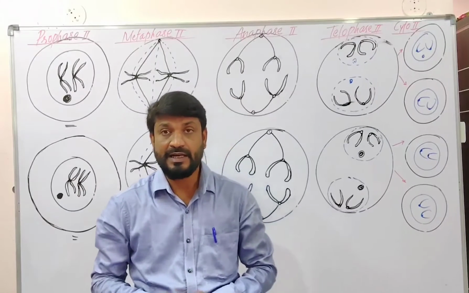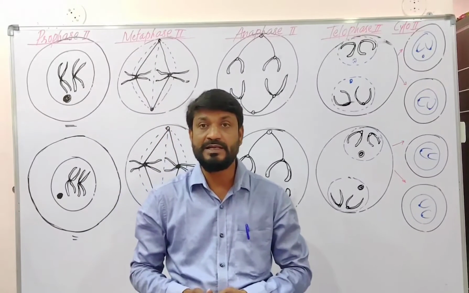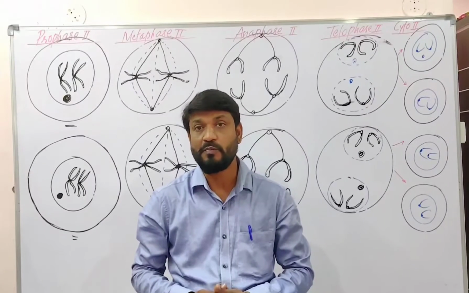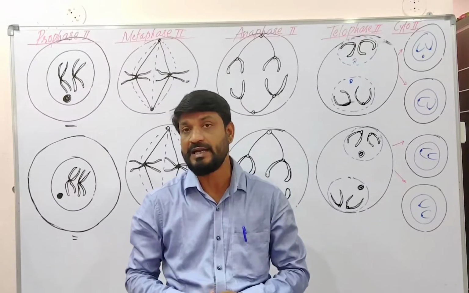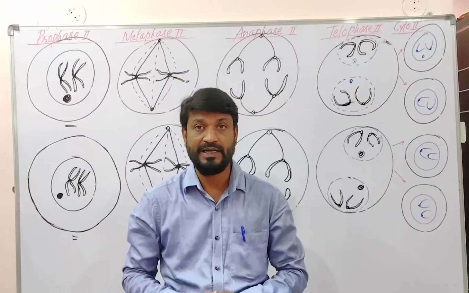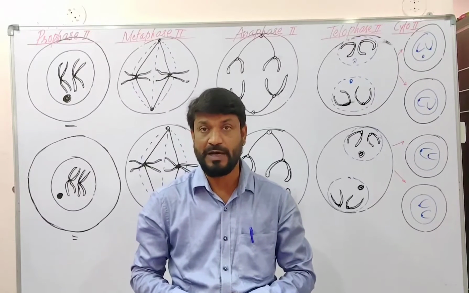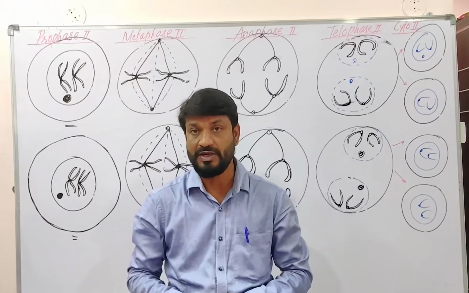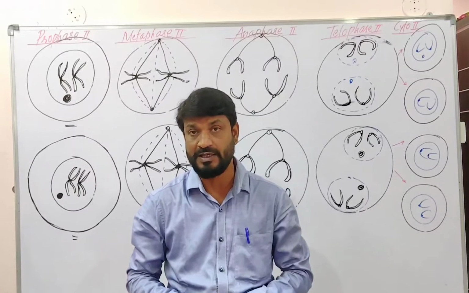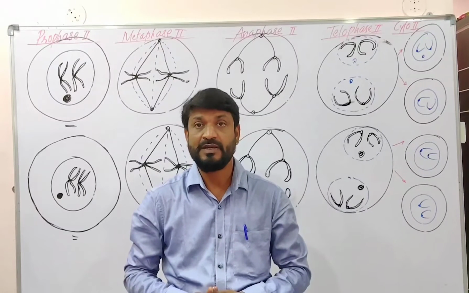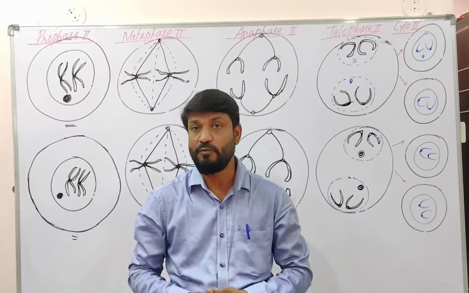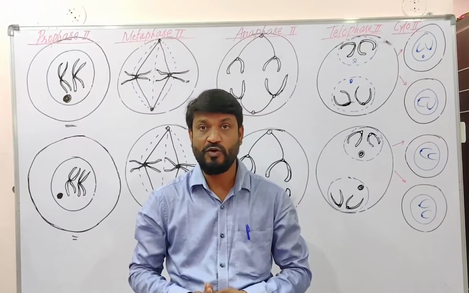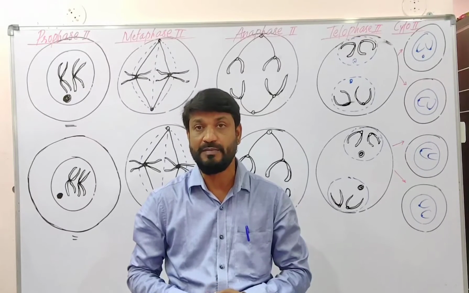And interkinesis mainly results in protein synthesis and RNA formation. So in interkinesis there may be formation of RNA and proteins which are required for further steps, but there will be no DNA duplication. There will be no duplication of genetic material.